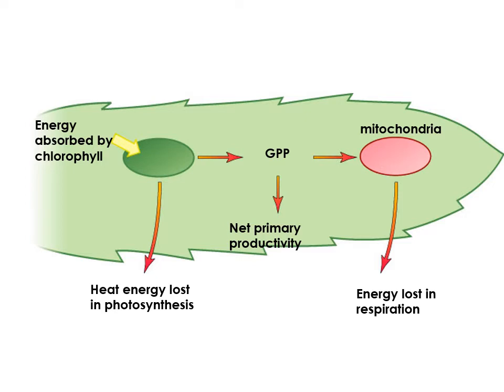So if we do our gross primary production minus our respiration losses, that will give us the energy in the biomass of the plant. In other words, the energy trapped in the biomass, which we call the net primary production.